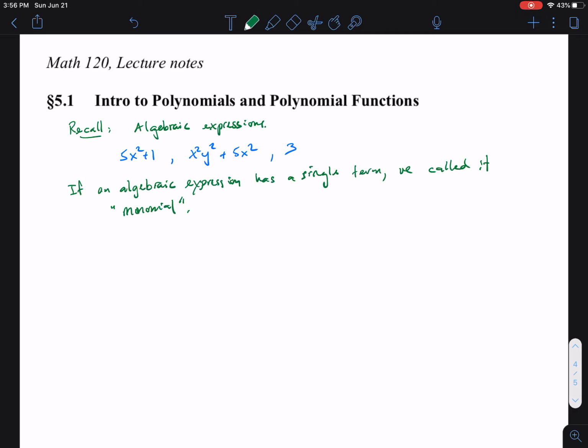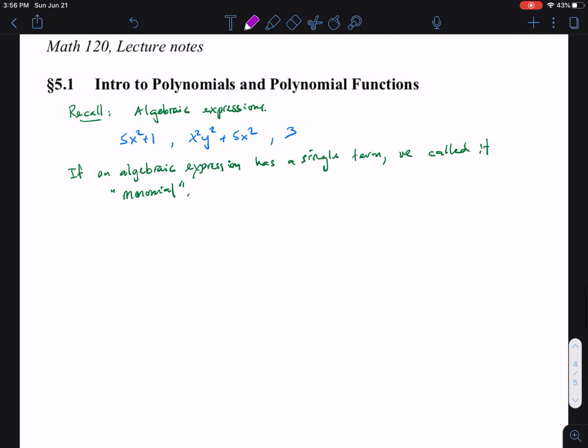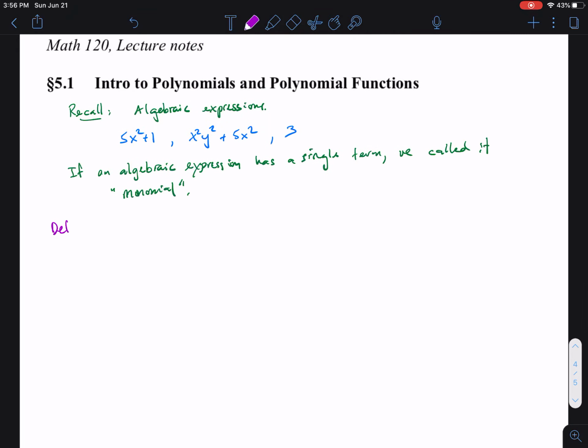Okay, and now we can define a polynomial. So we say, definition: a polynomial is a monomial or just a sum of monomials.